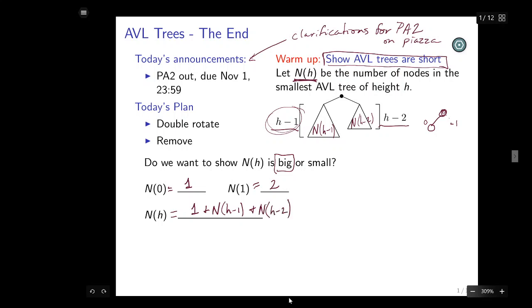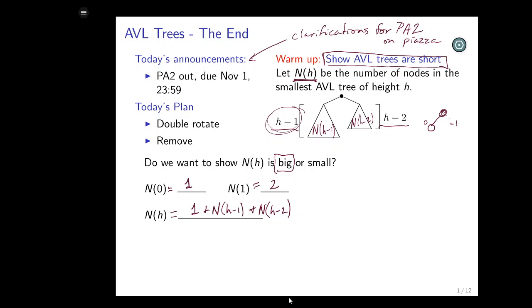And that's it. So now we have a great recurrence relation to tell us exactly what the number of nodes in the smallest AVL tree of height h contains.